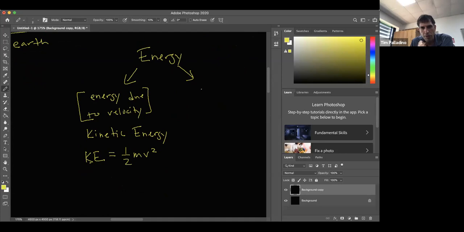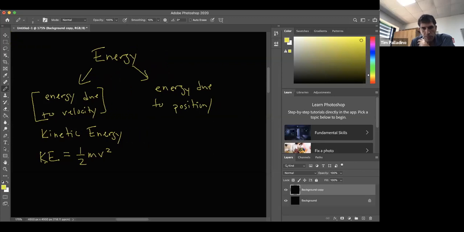And there was this other form of energy due to position or place. In the context of what we were just looking at, it starts with a P. What do we call that type of energy?